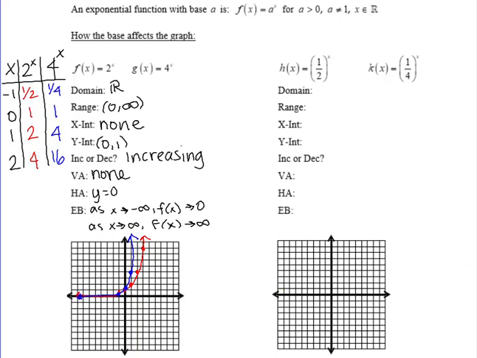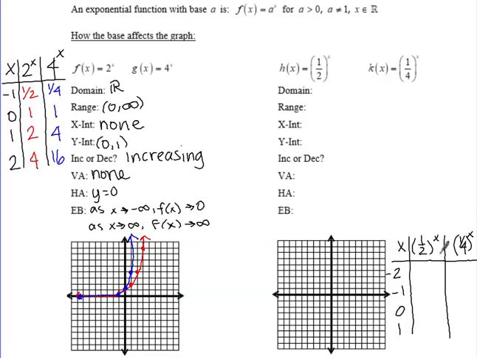Let's see what happens when we have bases of 1/2 and 1/4. I'm going to make another t-chart. This time I'm going to pick x values -2, -1, 0, and 1.